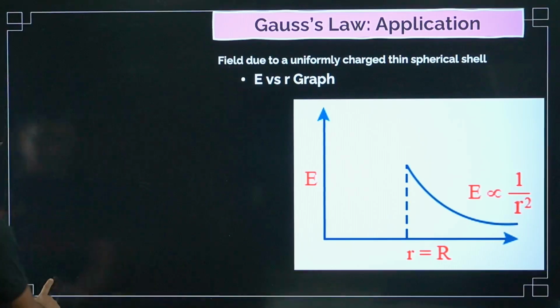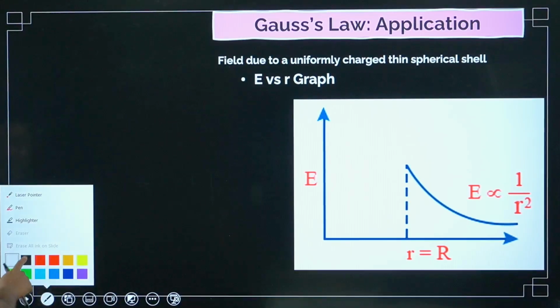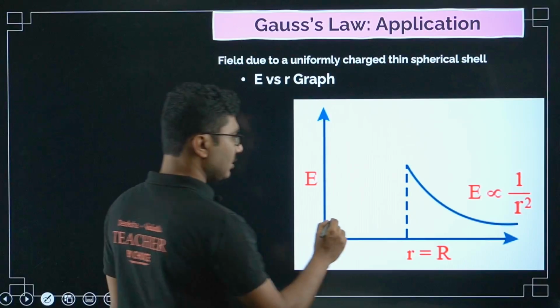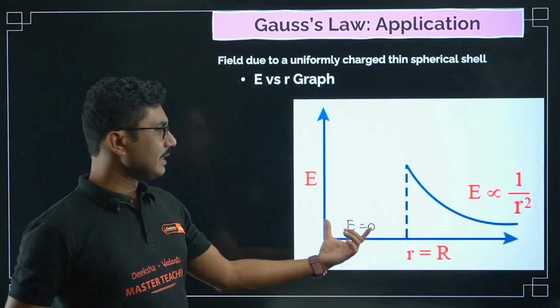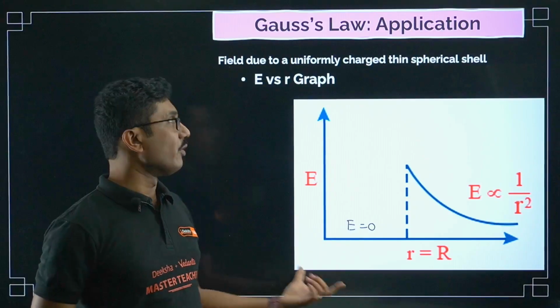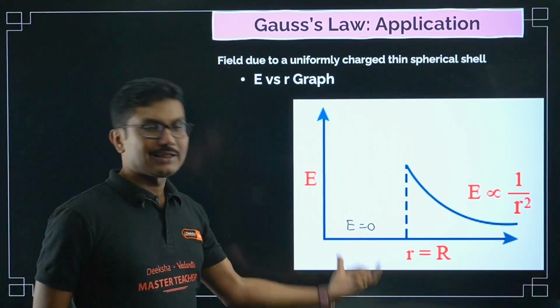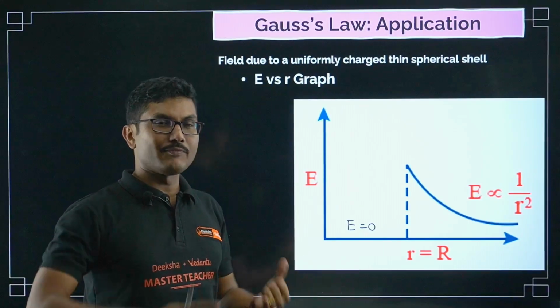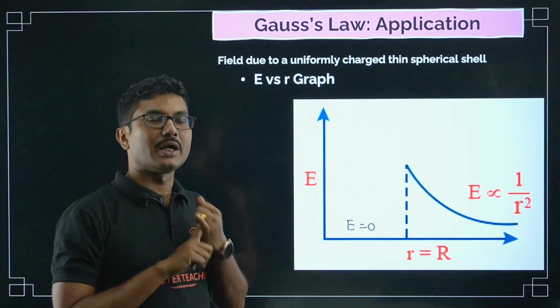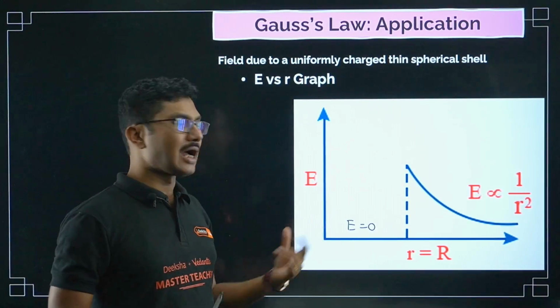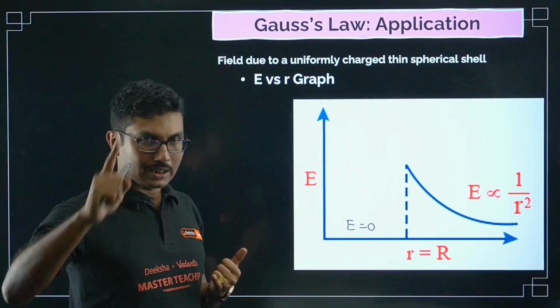Because the electric field inside the shell is 0, and as I said, this graph is the same for a spherical shell as well as a solid conductor.